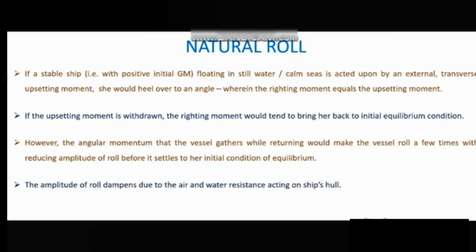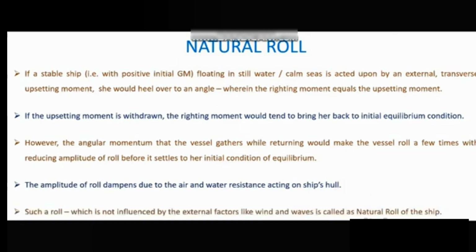The amplitude of the roll dampens due to the resistance offered by water and air on the ship's hull. Such a roll is not influenced by external factors like wind and waves, but is the vessel rolling in calm, still waters, where the rolling period and the amplitude are determined by the ship's own properties or stability parameters.